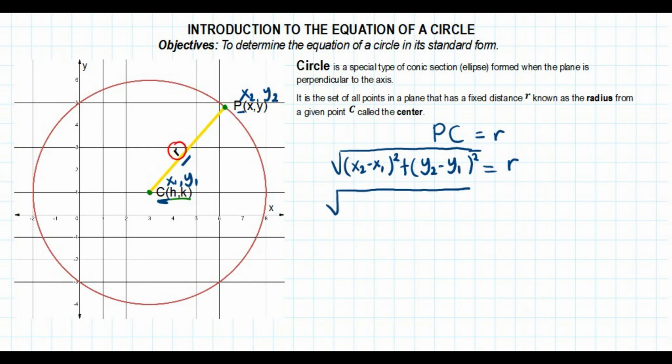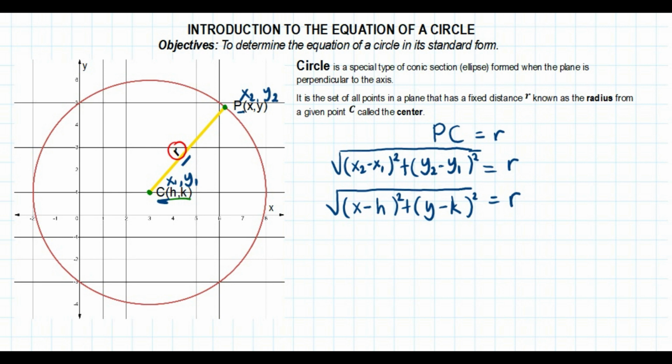Para mas malinaw, isa-substitute natin, kasi nilagyan natin ng panibagong label. Diba? Ang x sub 2 is x. Tama. Very good. Ang x sub 1 is h. Ang y sub 2, y. Ang y sub 1, k.